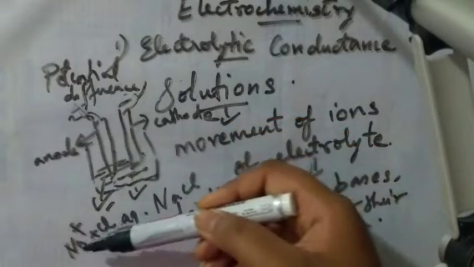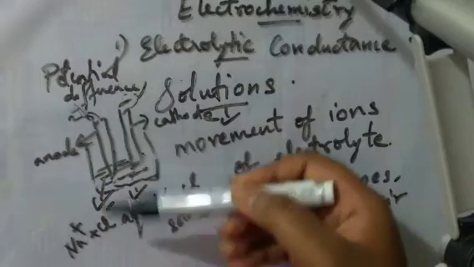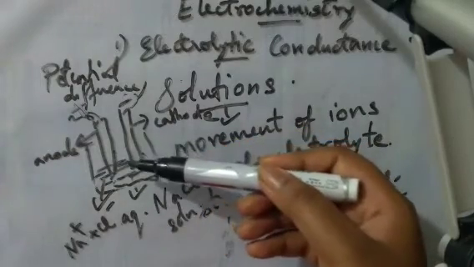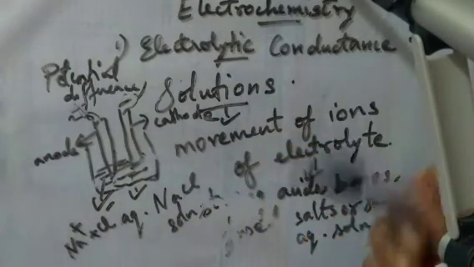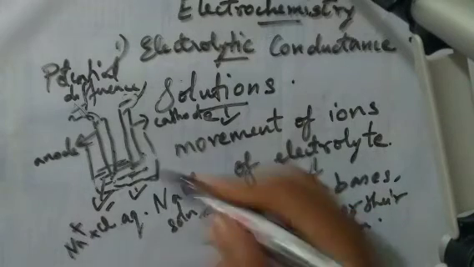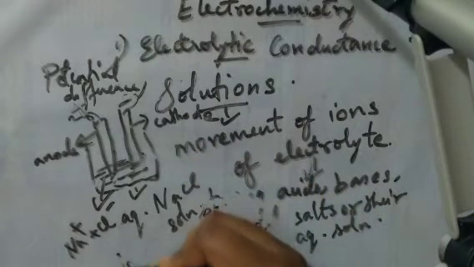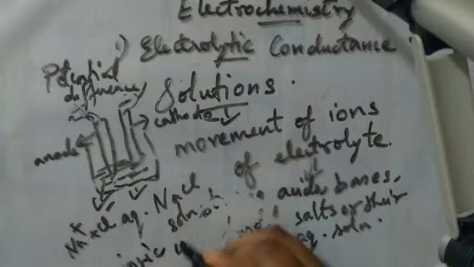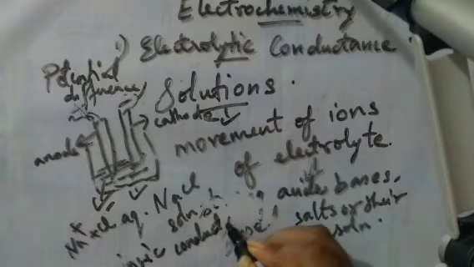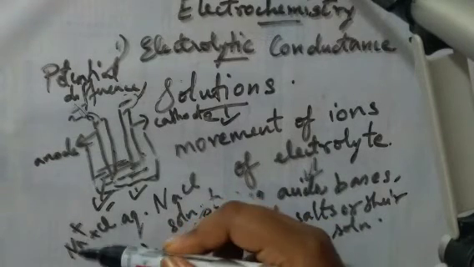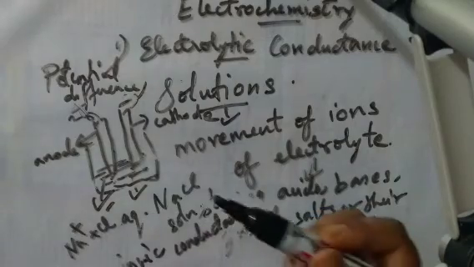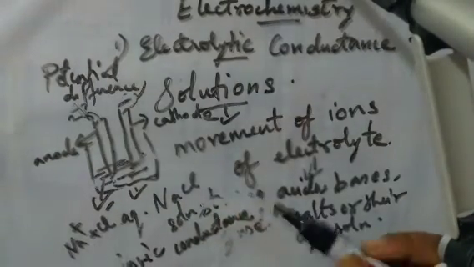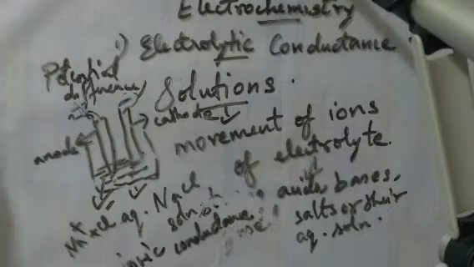The mobility of Na+ and Cl- ions to their respective electrodes is the cause for the conductance, so it is called ionic conductance. The movement of Na+ and Cl- ions is responsible for the conduction in solutions, so it is called electrolytic conductance.